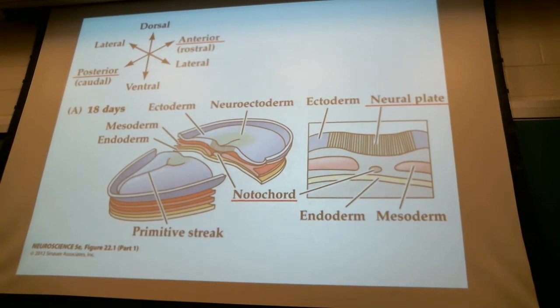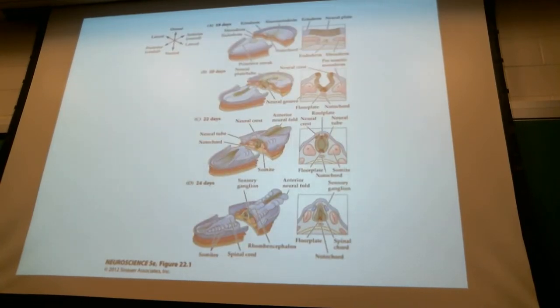Then what happens is that this neural plate will make a groove. We saw a neural groove, so it becomes like this. And then this part will be fused together and then pinched off. So it will become tube.